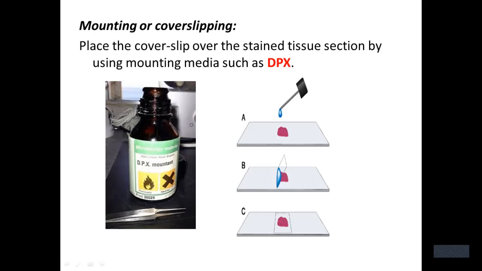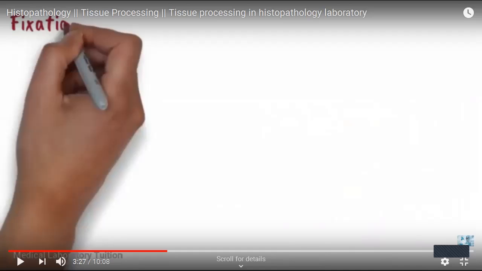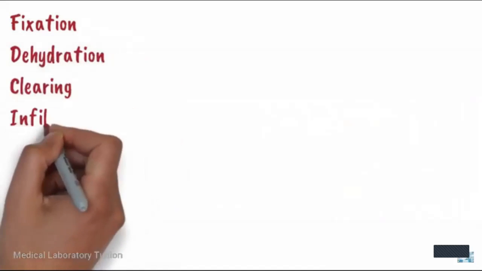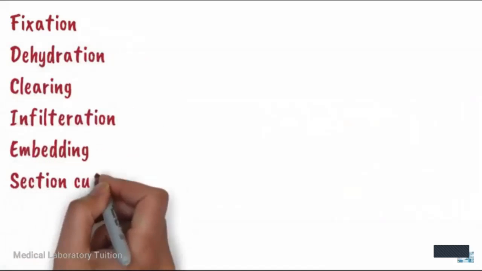The seven steps of the tissue technique begin from fixation, dehydration, clearing, infiltration, embedding, section cutting, staining, and finally mounting the tissue.